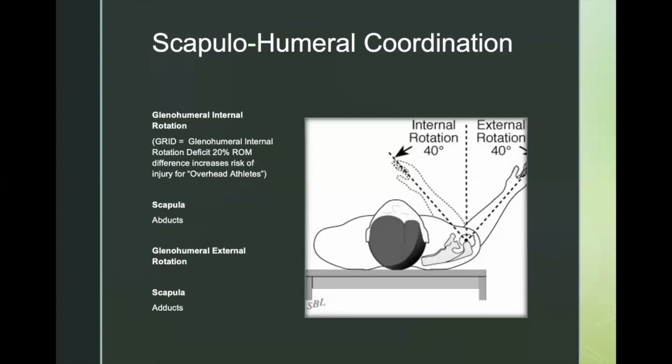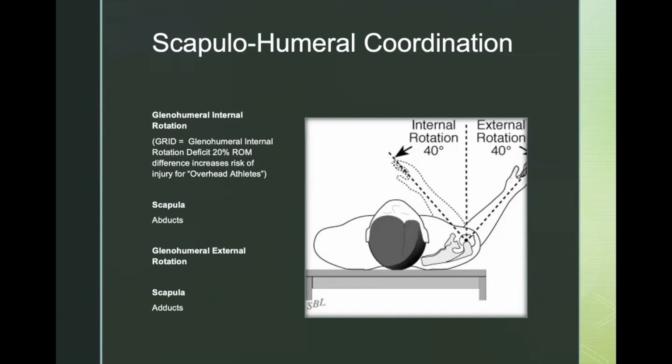Next up, we have glenohumeral internal rotation. So bringing the humerus into medial rotation. And the glenohumeral internal rotation is very important. It's very important to have enough range of motion in internal rotation to avoid injuries for our overhead athletes.